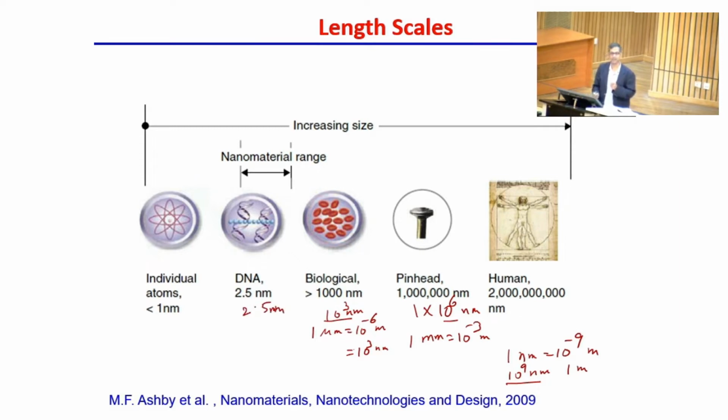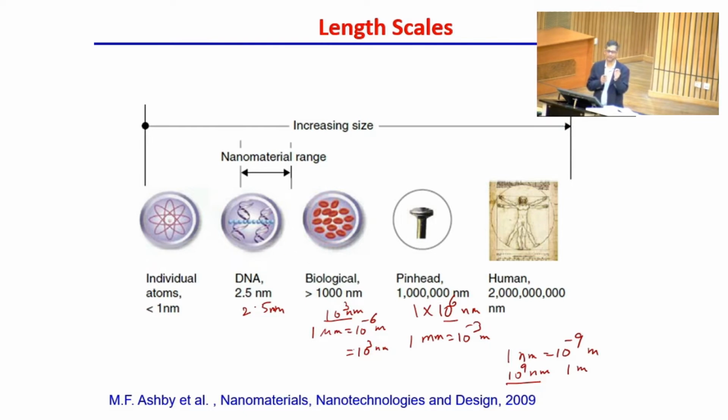So we are going down, right, in the scale. So slowly you are going down. A taller human, cut it down to blood cells, then cut it down to DNA, and then if you want to go to matter, because DNA consists of carbon, hydrogen, nitrogen. If you want to go to one hydrogen atom, what is the size of that? It's about 0.56 nanometers.